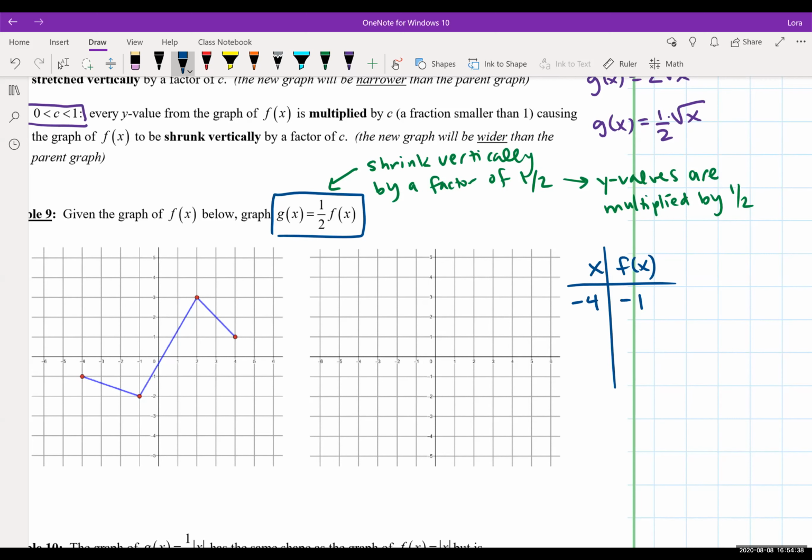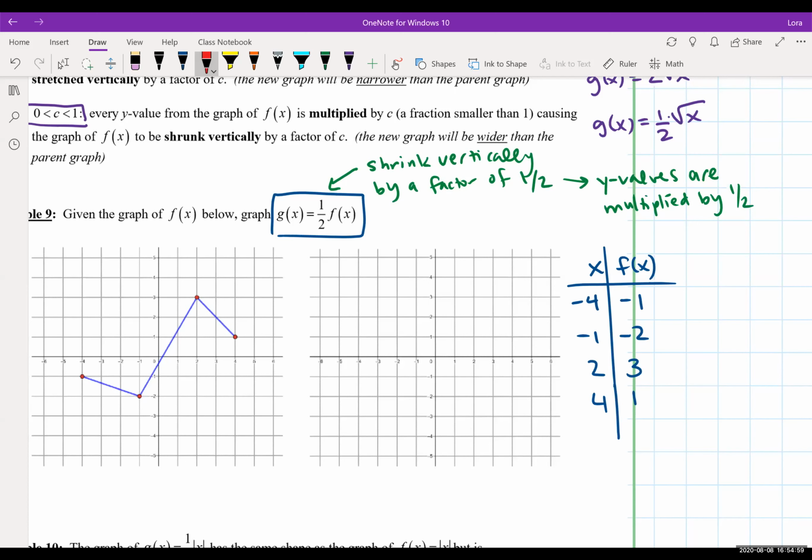The second point, -1, -2. The third point, 2, 3. And the fourth point, 4, 1. So just so that you know, I just named the coordinates of each of these points.